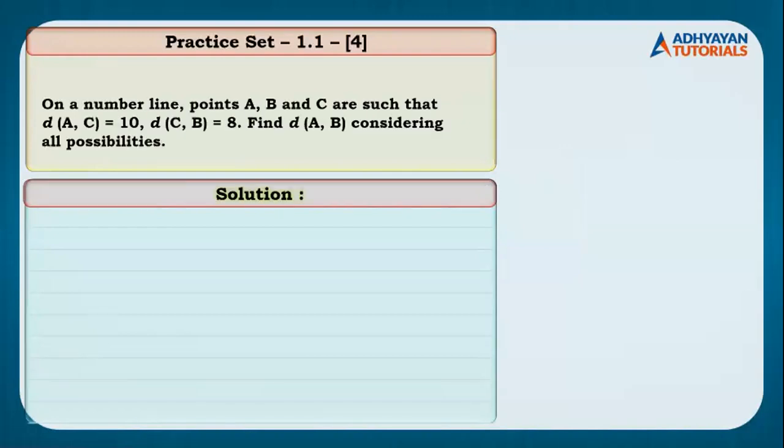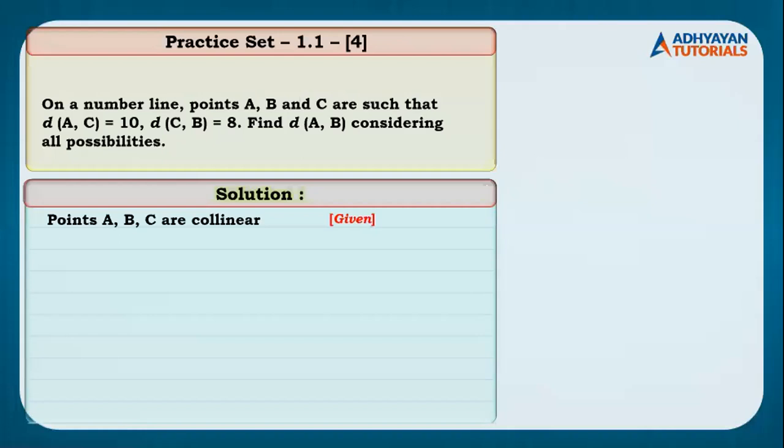The question says on a number line, there are 3 points A, B, and C. So it says on a number line, there are 3 points, children. That means, can I state that these 3 points are collinear? मतलब तीनों same straight line पे lie करते हैं. Correct?